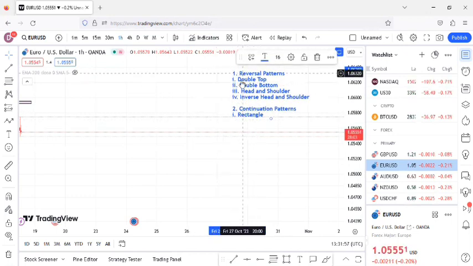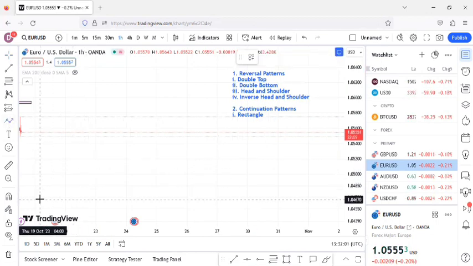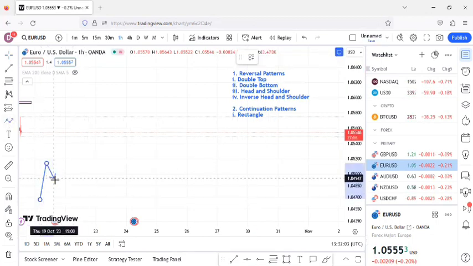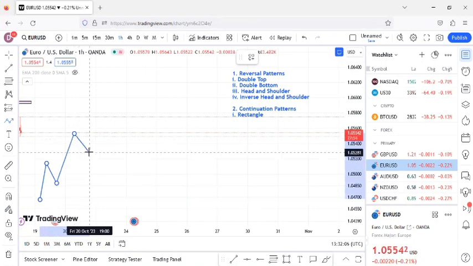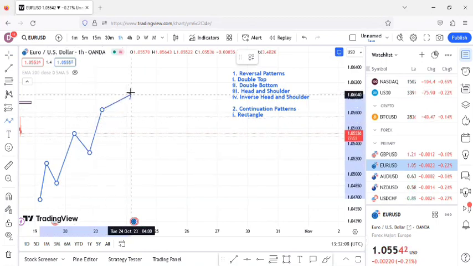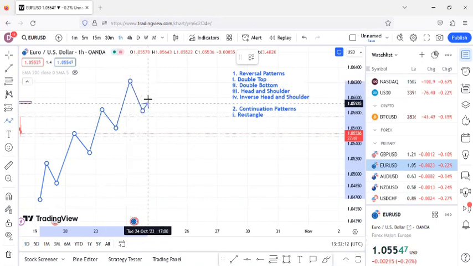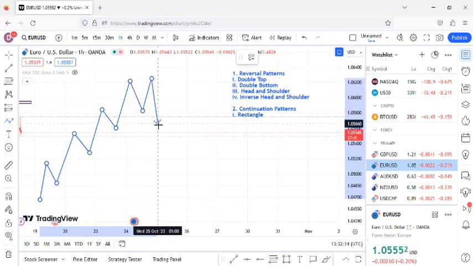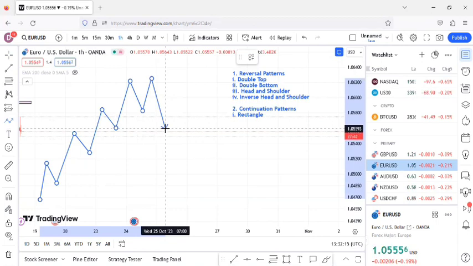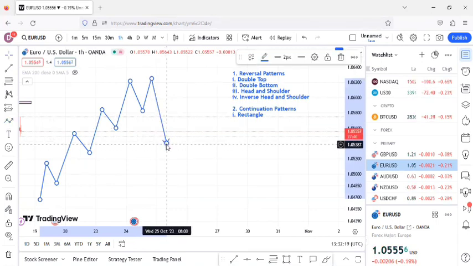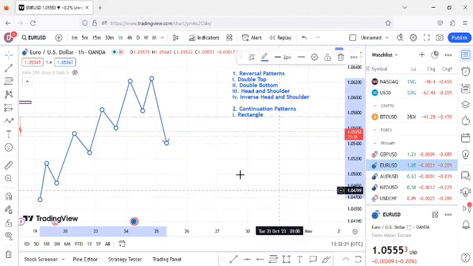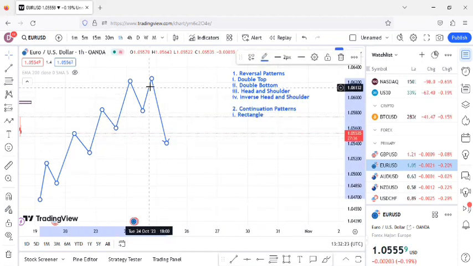So for reversal patterns, you find them at the top of a trend, like this. That is double top.